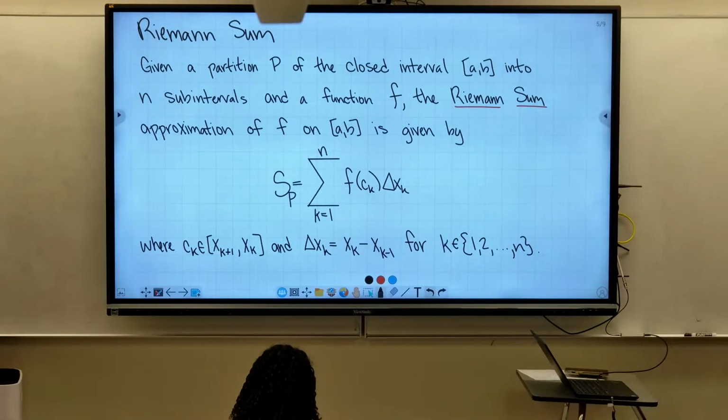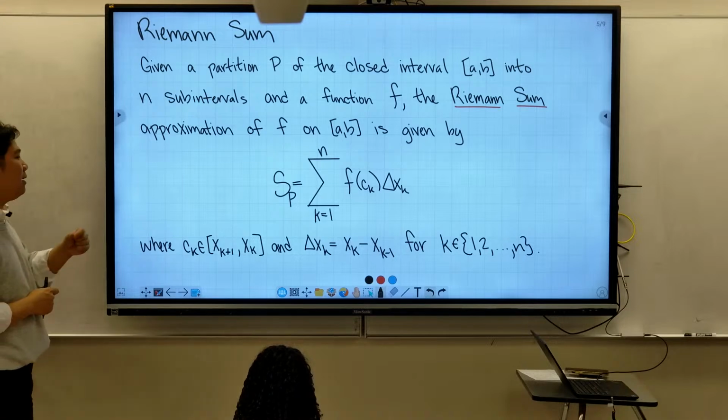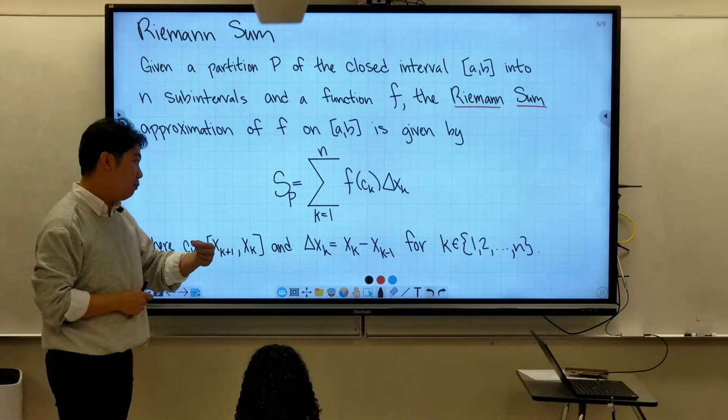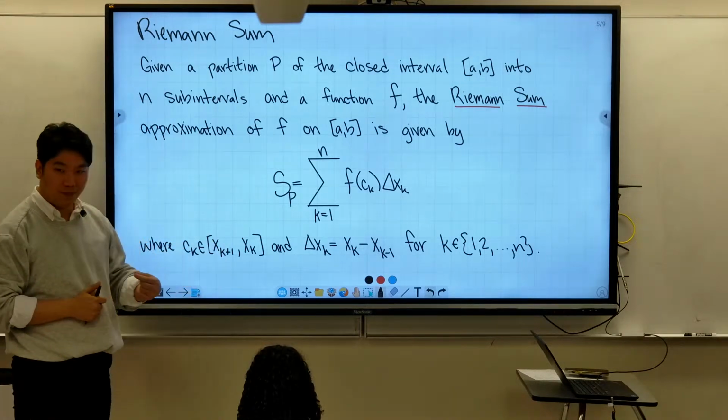The Riemann sum approximation of f on this interval is given by S sub p equals the summation from k equals 1 to n of f of c sub k times delta x sub k.